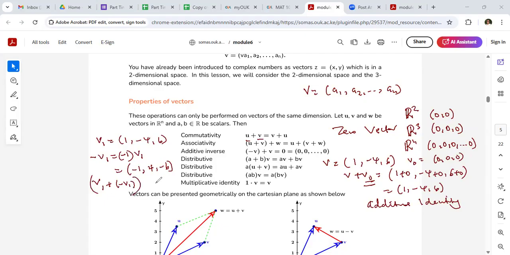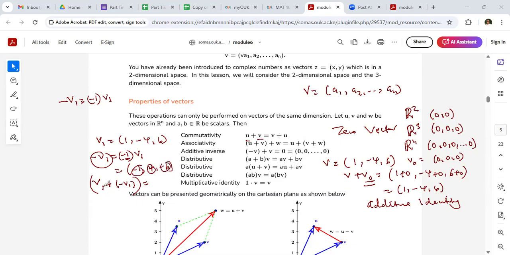Kindly indicate the answer in the chat. So add the two vectors, V1 and negative V1, and please note the operation we carried out here. We want to find negative V1. So first of all, consider negative to be the scalar -1 multiplied by V1. And when you multiply a vector by a scalar, you multiply every component in the vector by the scalar.